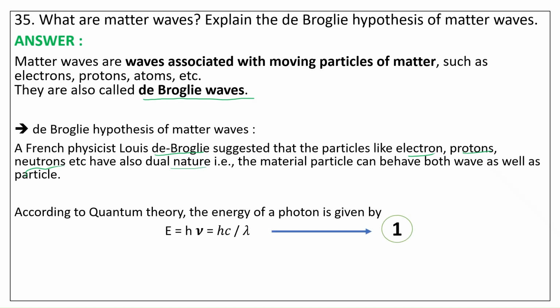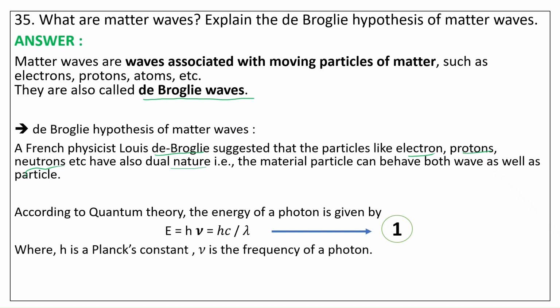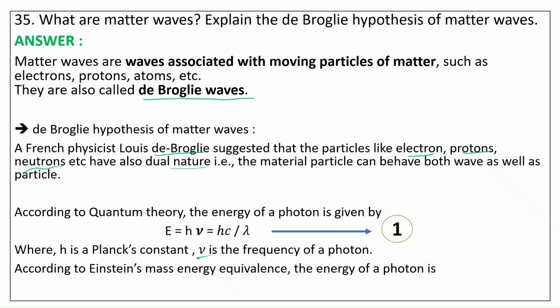Mark as equation 1. Where h is Planck's constant. Nu is the frequency of a photon. According to Einstein's mass-energy equivalence, the energy of a photon is E equal to mc square. Mark as equation 2. From 1 and 2, we have hc by lambda equal to mc square.